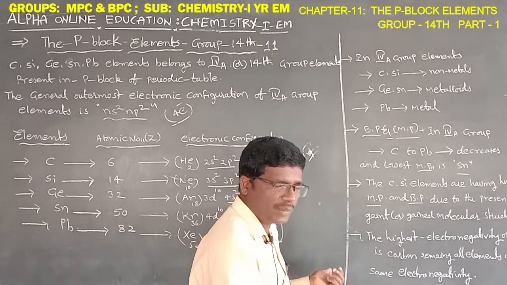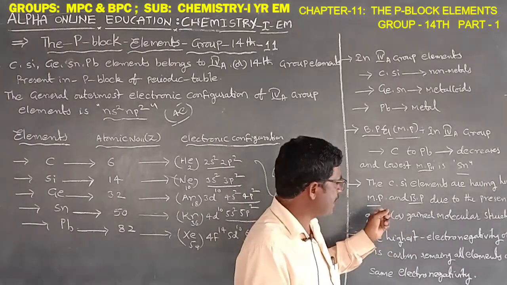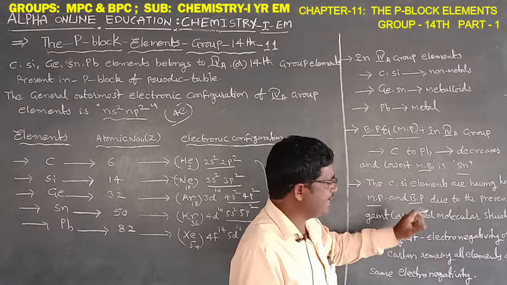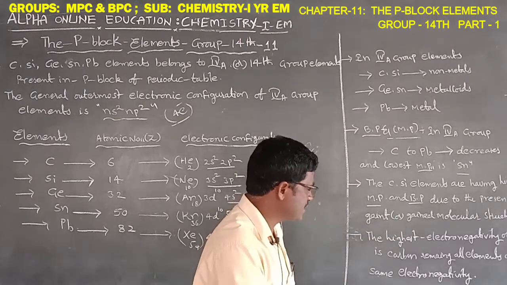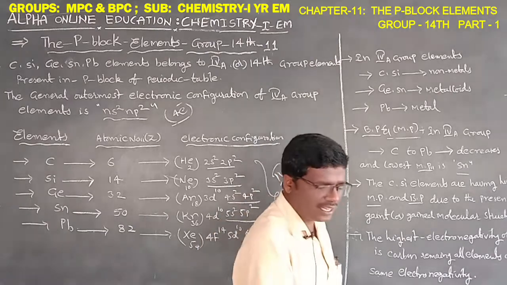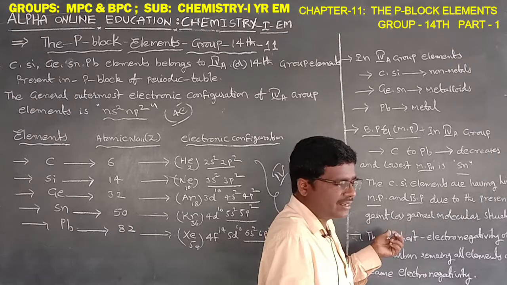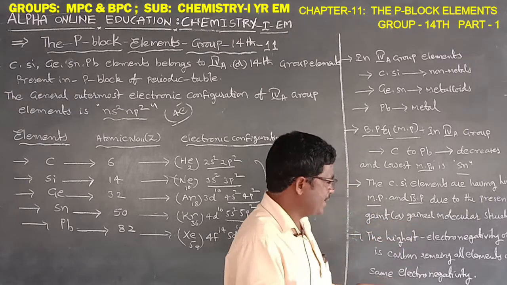In fourth A group elements, from carbon to lead, melting and boiling points decrease, and the lowest melting point is tin, that is stannous. Carbon and silicon have high melting points and boiling points due to the presence of giant molecular structure. Carbon and silicon have a giant molecular structure, so they have high melting points and boiling points.